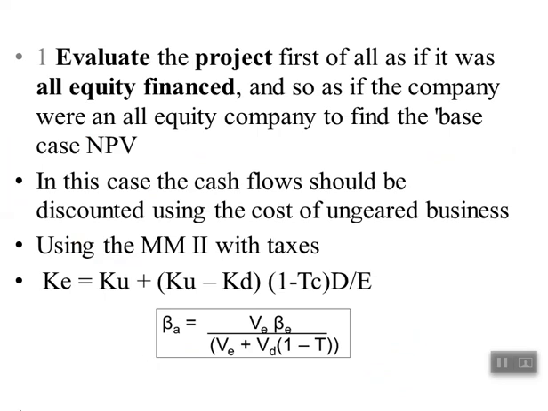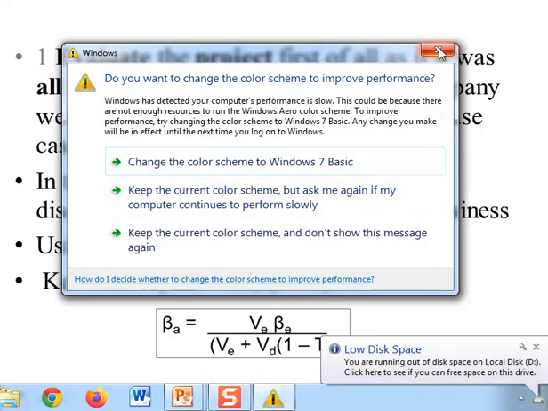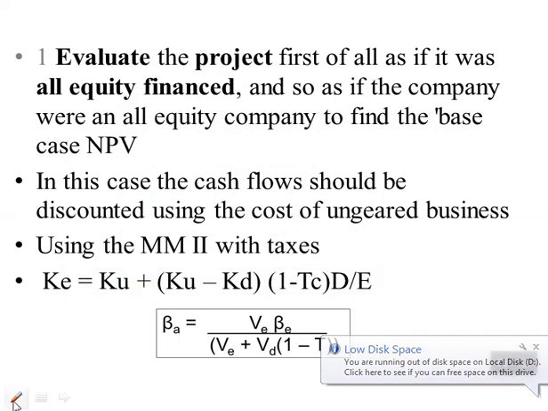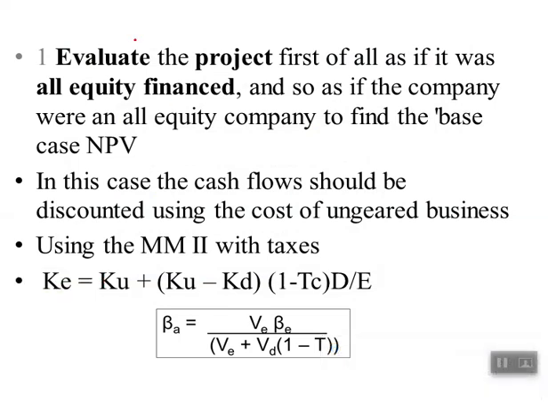So I want us to go through the first step we have talked about. In our first step, we said you are going to get the net present value of the project as if that project is 100% financed by equity.